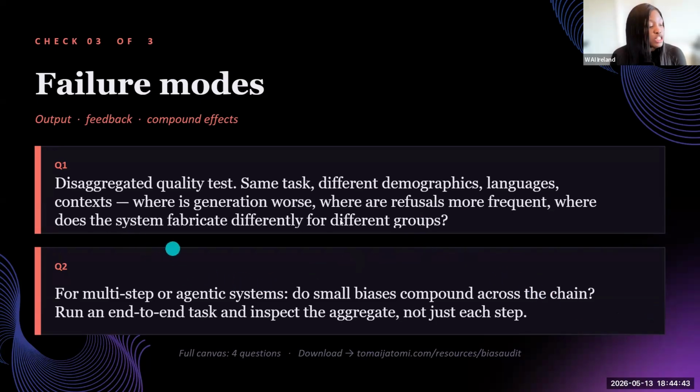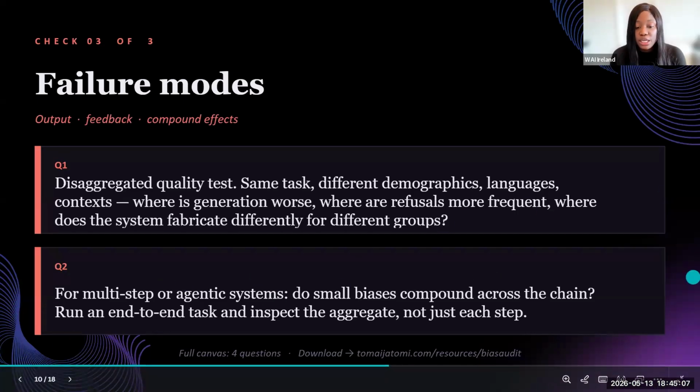Essentially, is it hallucinating differently for different groups? And as I said, for people using systems, this is a question you can run on any tool that you have access to. You don't need to be inside the model. You just need to send the same task several times in different ways and see how it performs.